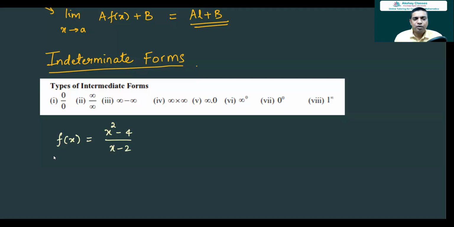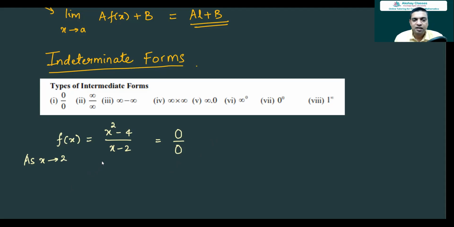Now, when x is approaching 2, what happens? Numerator is going to 0, denominator is also going to 0. If only numerator went to 0, numerator upon denominator will be 0. If numerator was not 0 and the denominator is going to 0, then the value tends to infinity.